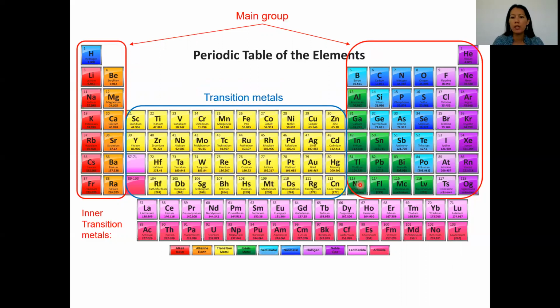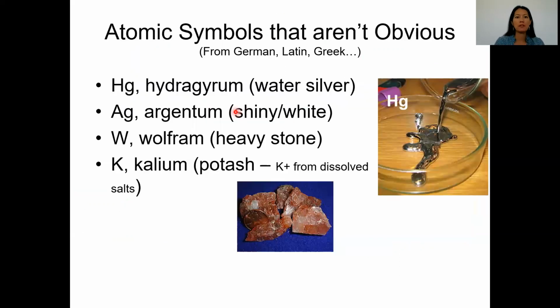And even down here, this last row, you don't need to know those or be able to just produce that name or symbol. There are some that don't necessarily seem obvious, like Hg for mercury, and it's because the naming and symbol comes from a different language, maybe German, Latin, or Greek. So there's a good reason for it.